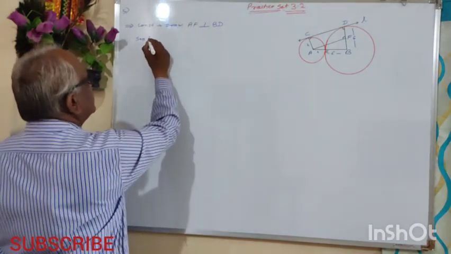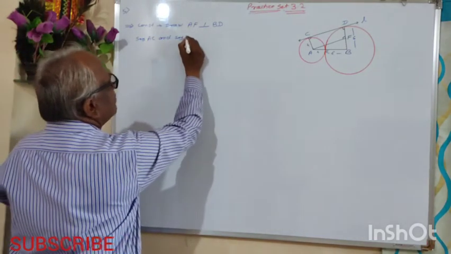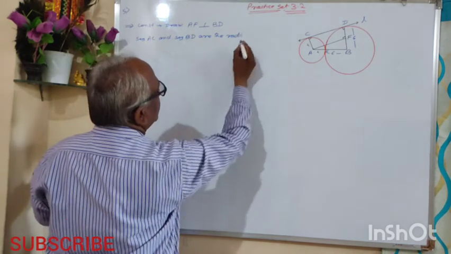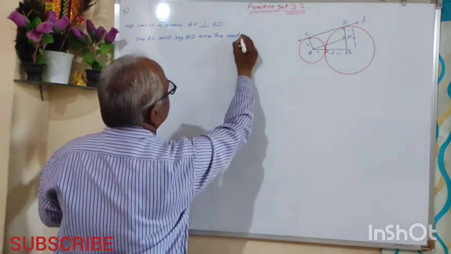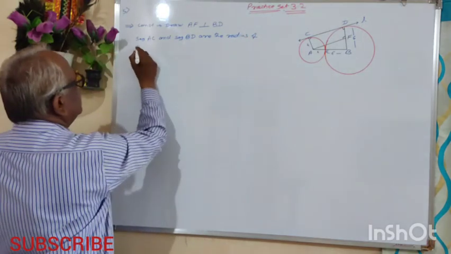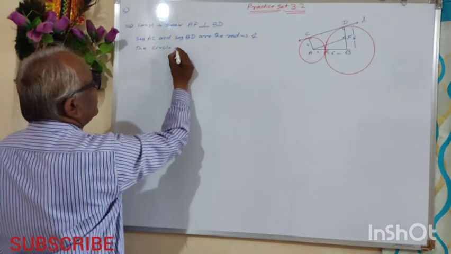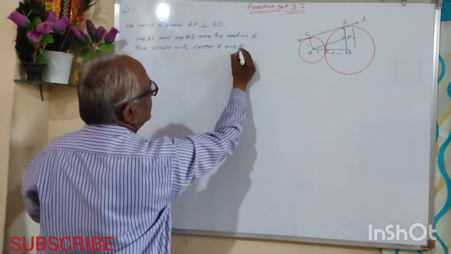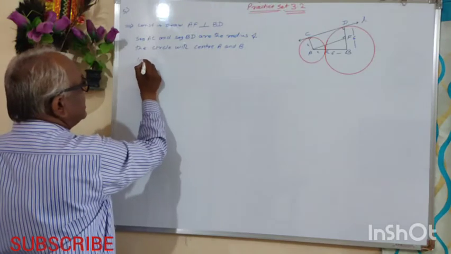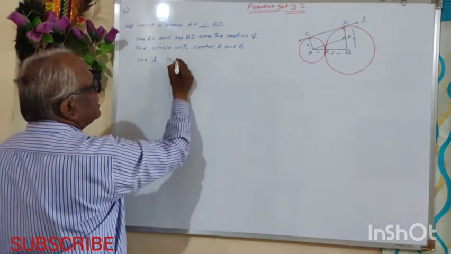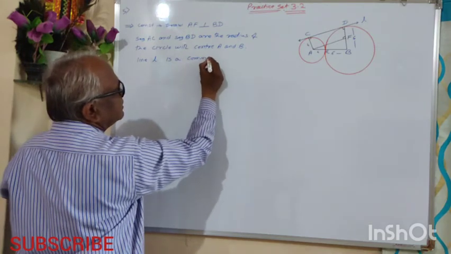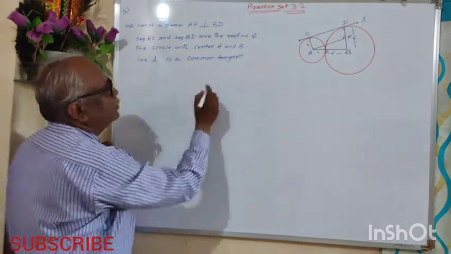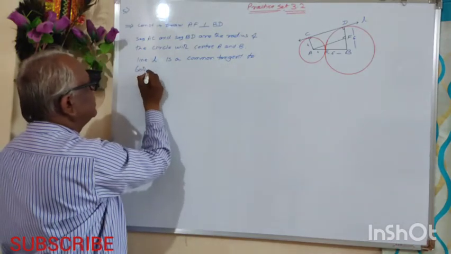Now segment AC and segment BD are the radii of the circles with center A and B. Line L is a common tangent to both the circles.